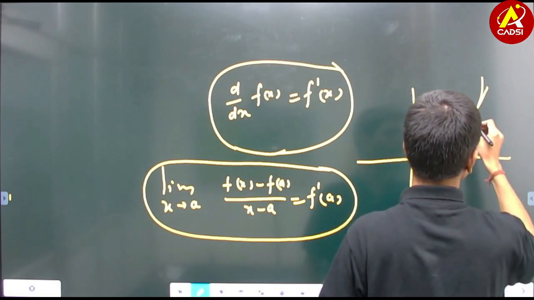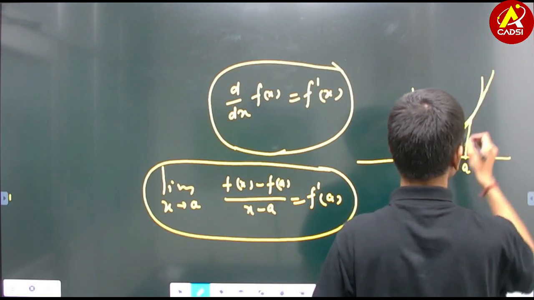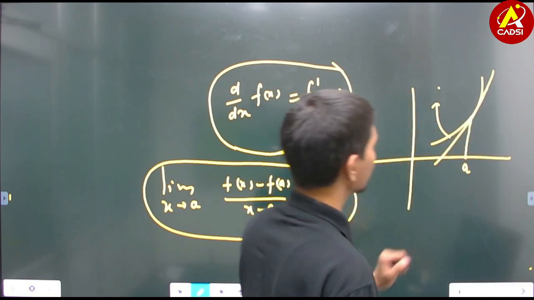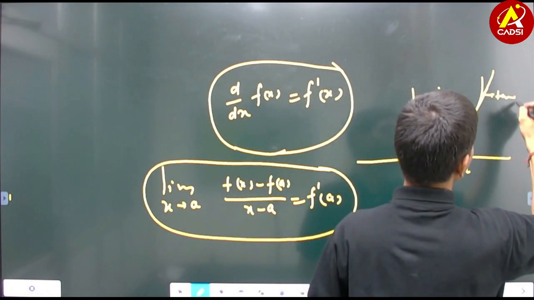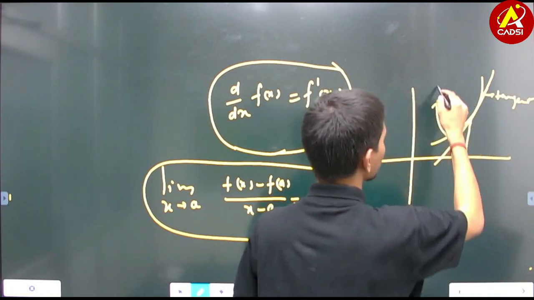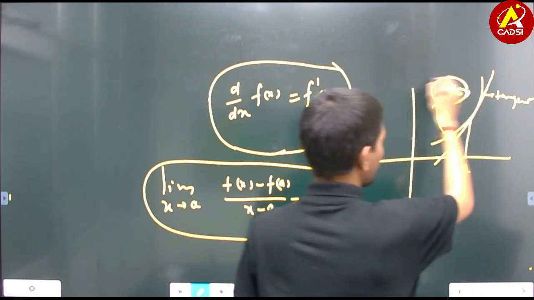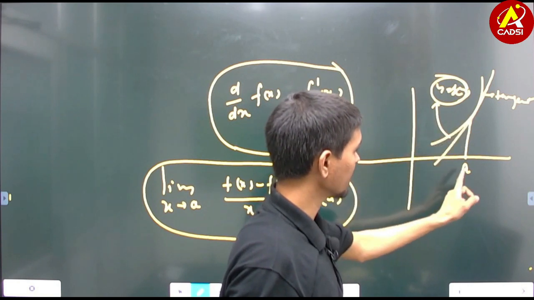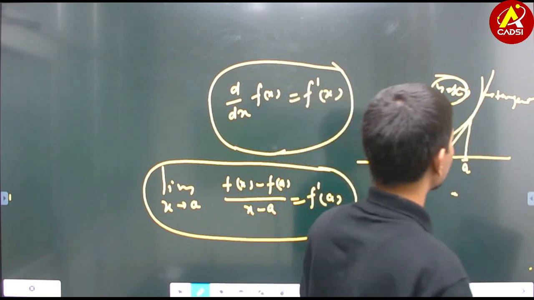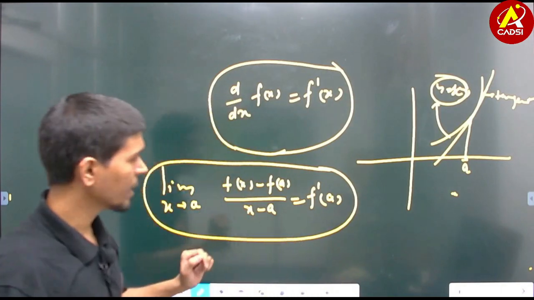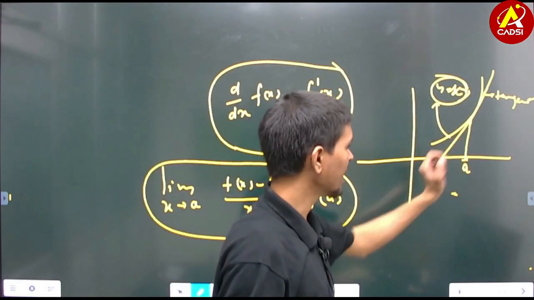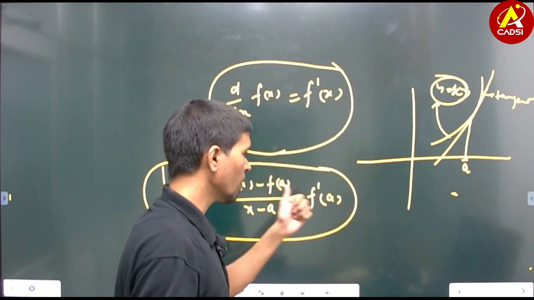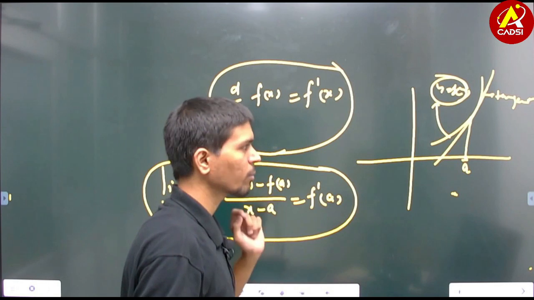This is a, and this is the tangent on this function, and this is y equals f of x. This tangent at this point shows the first derivative of f at that particular point.